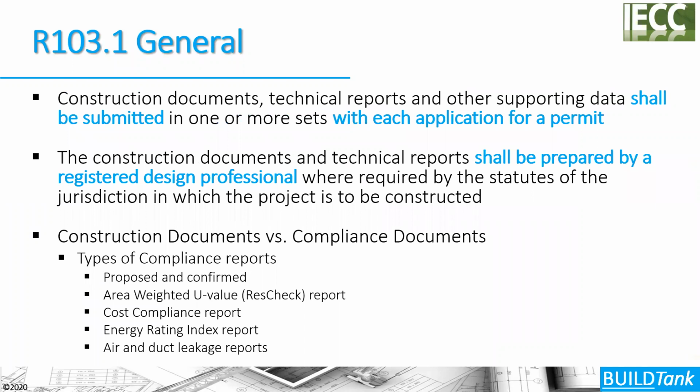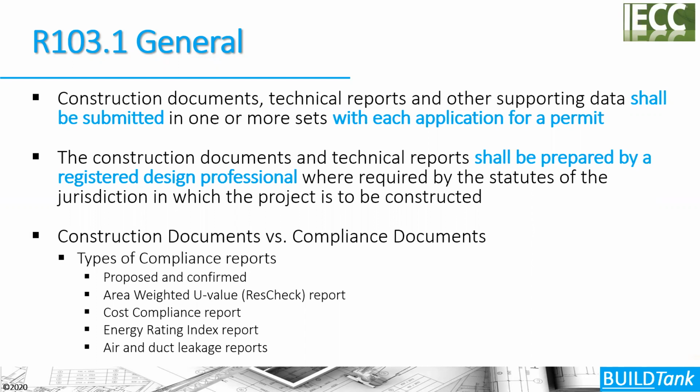Construction documents need to be turned in, and this section of the code in Chapter 1 talks about that. So each time you pull a permit, you have to provide construction documents, and these construction documents need to be provided and created by a design professional.